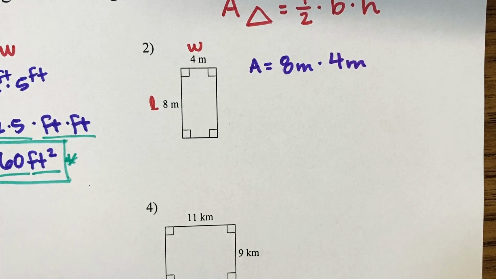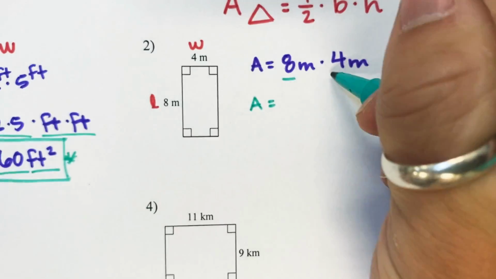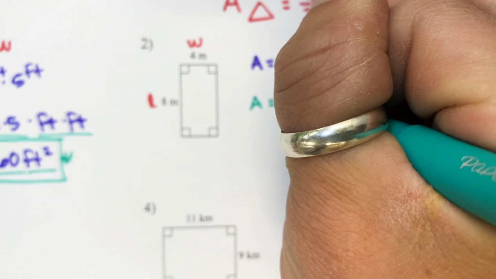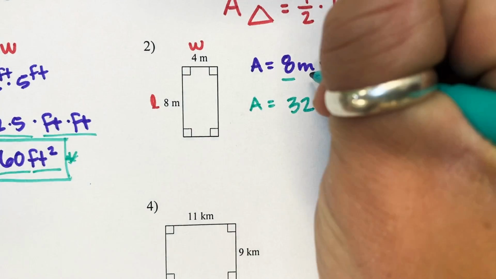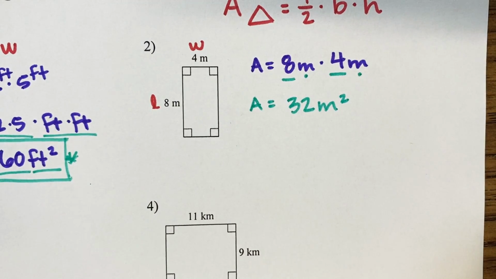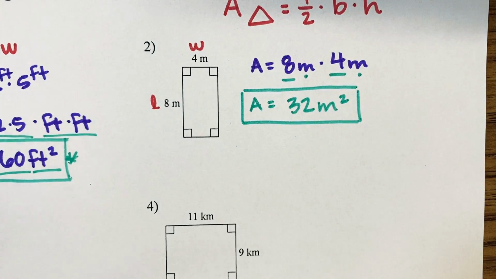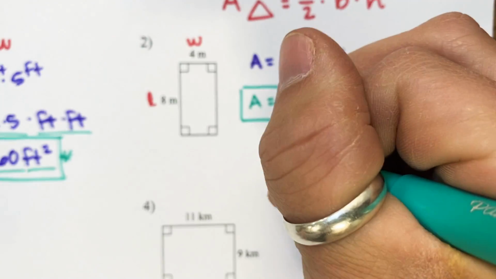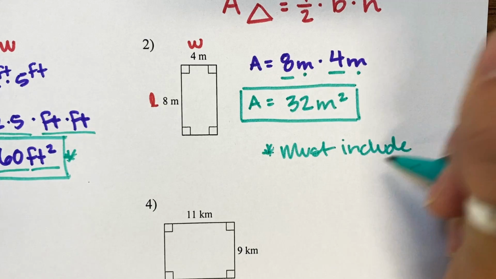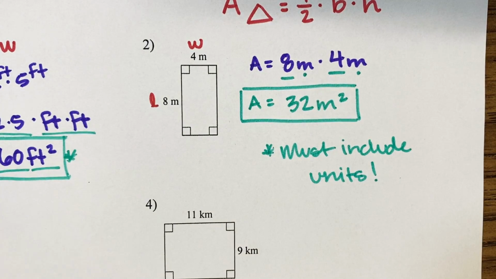What is 8 times 4? We're going to get 32. But then we have meters times meters, and that is what gives us meters squared. Let's actually make that note: must include the units. That means feet, inches, meters, whatever it gives you.